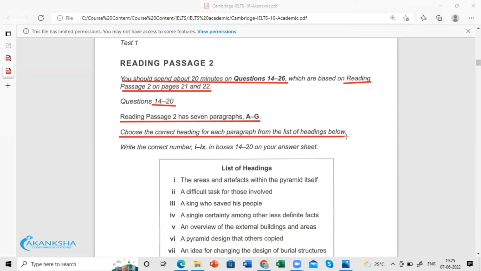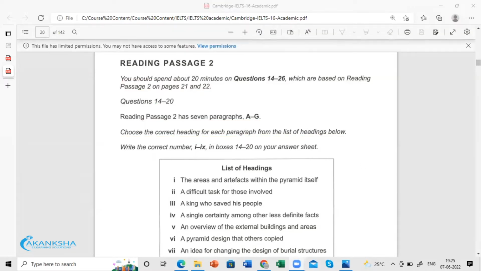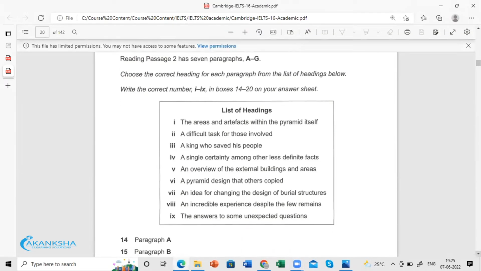This is something that's important for us to understand: we have to see which paragraph is suitable for which heading, or vice versa, which heading is suitable for which paragraph.